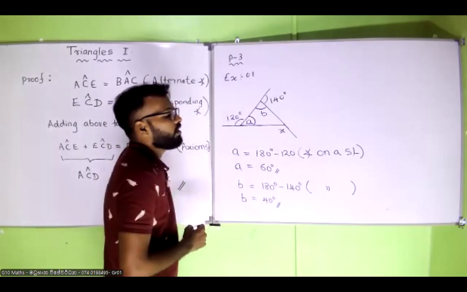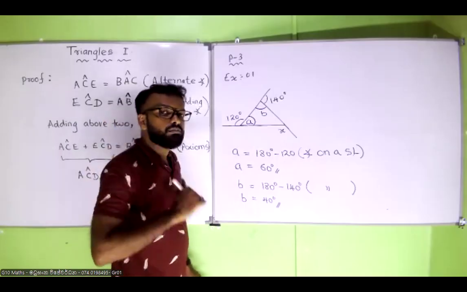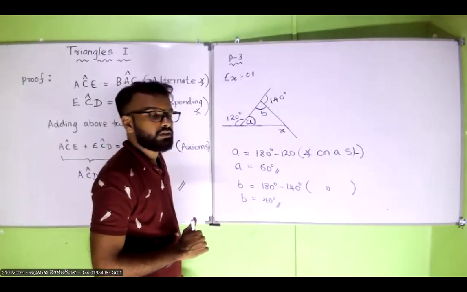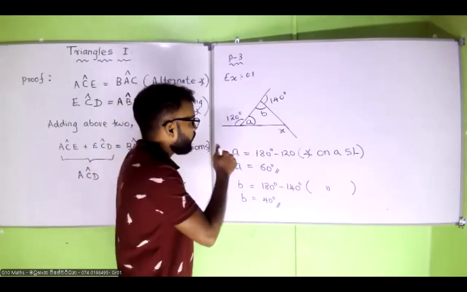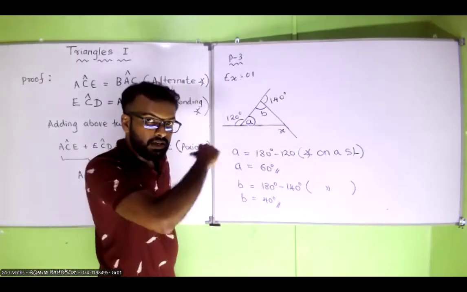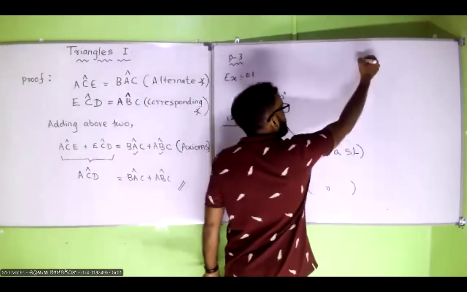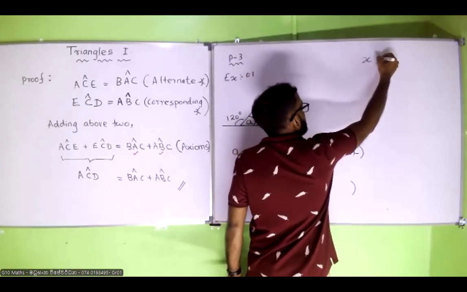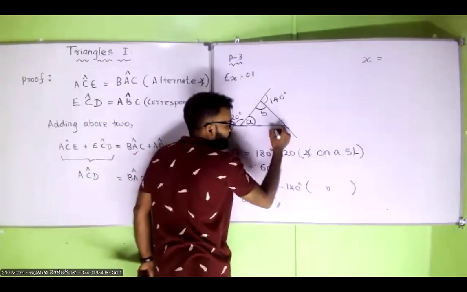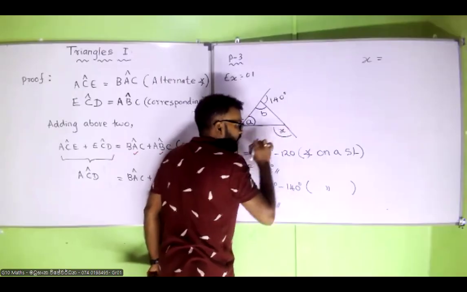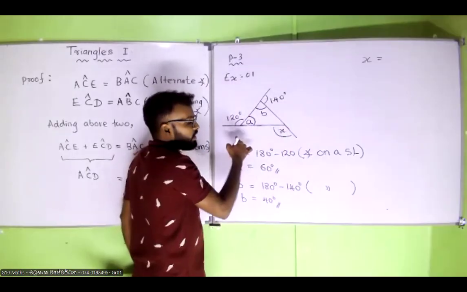Now I can use my theorem, the exterior angle theorem of a triangle. So I can write the value of x directly. X means our exterior angle of this triangle.